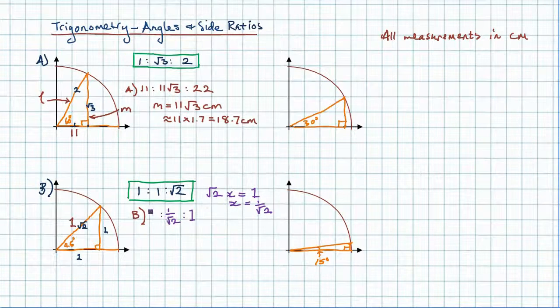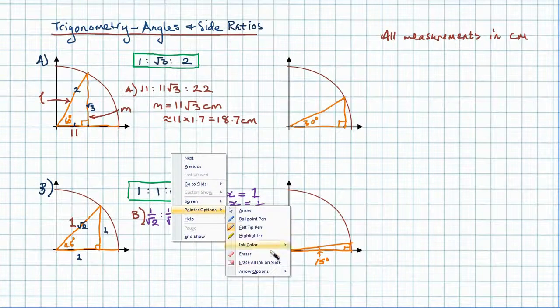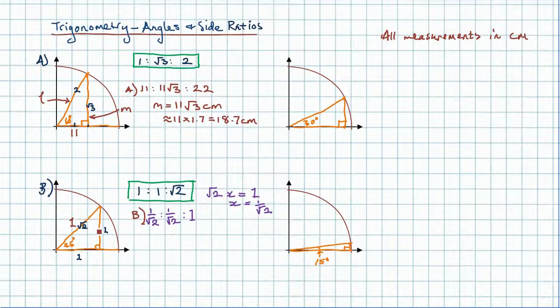Okay, 1 times 1 over root 2 gives us 1 over root 2. So our side lengths now, let's just do this clearly, are going to be, well, let's say they wanted this side, let's say that was P, or they wanted this side, which is Q, or maybe they wanted Q and P. Depends on the question.